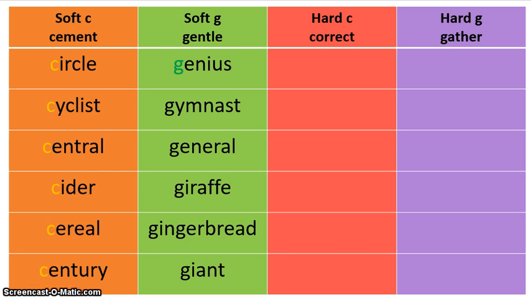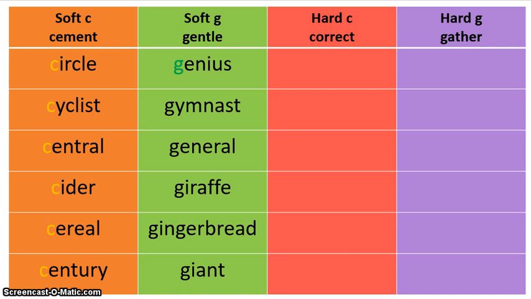Remember, you need to make sure that you see that M and N together. Sometimes people will forget one of those letters. But you need gymnast. Okay, gymnast. So those all have the soft G sound at the beginning of each one of those words.